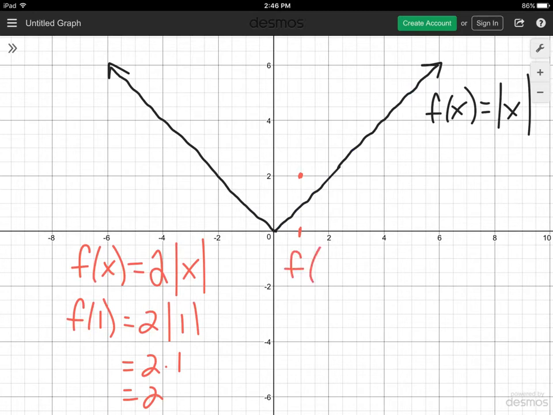If we continue on this pattern, let's pick when the input is 2. When we plug that in, we get 2 times 2, which is 4. So when the input was 2, now we get 4. And so this pattern is going to continue.